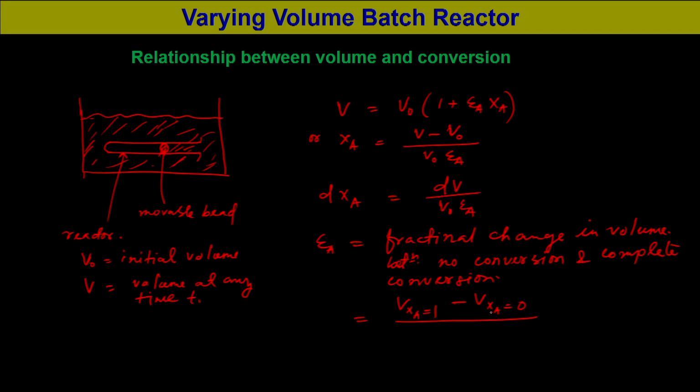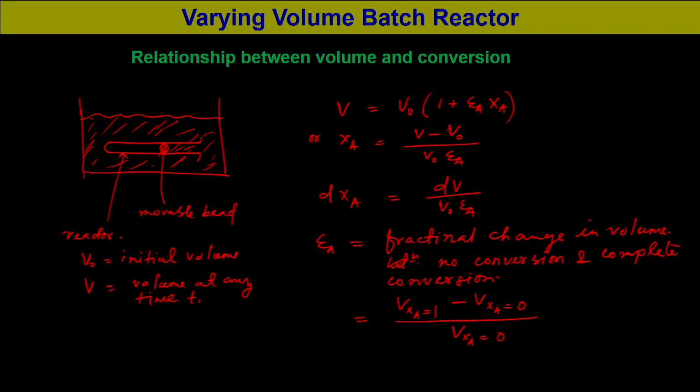That is, V at x A equal to 0 is no conversion, and V at x A equal to 1 is complete conversion. So, by definition epsilon A is the fractional change in volume between no conversion and complete conversion.